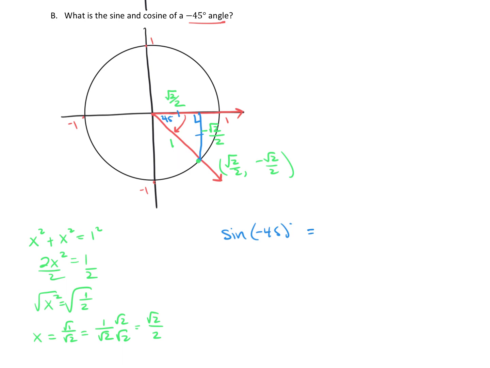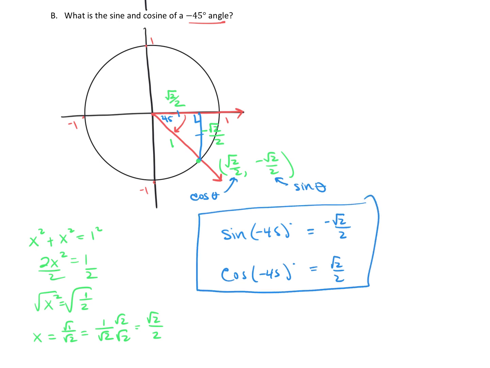Remember, we said in the last one that your x value is cosine of your angle. Your y value is sine of your angle. So sine of negative 45 is a negative root 2 over 2. Cosine of negative 45 degrees is a positive root 2 over 2. So we want to remember those connections with terminal points on the unit circle. The x is your cosine value, the y is your sine value.